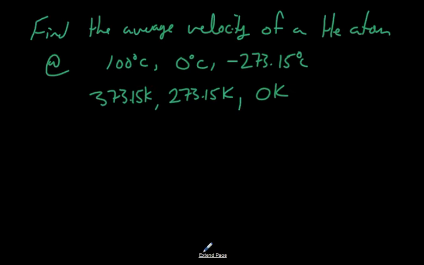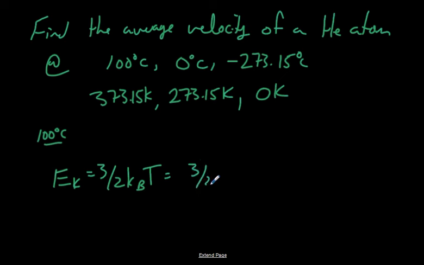So the first thing I'll do in the first case is let's just find that EK. What temperature will we do? Okay, let's do 100 degrees first, just for example. EK is 3/2 Boltzmann constant times T. So in this case, it should be 3/2 of the Boltzmann constant. Some calculators have the Boltzmann constant actually built into them, so that makes it quite a bit faster.